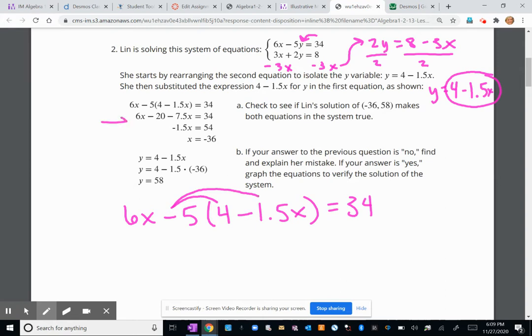So this step right here should say 6x minus 20, but then plus 7.5x equals 34. So that's where her mistake is. It's in this line right here. That should have been a plus sign.